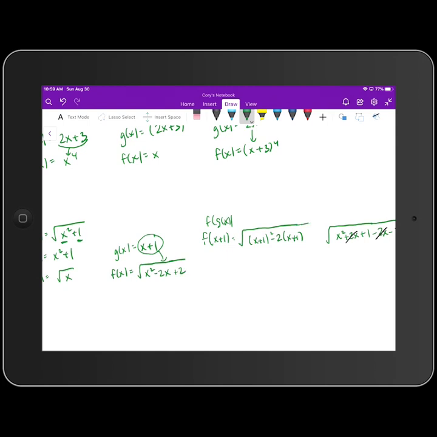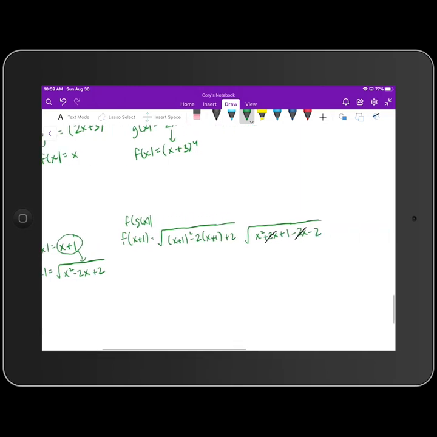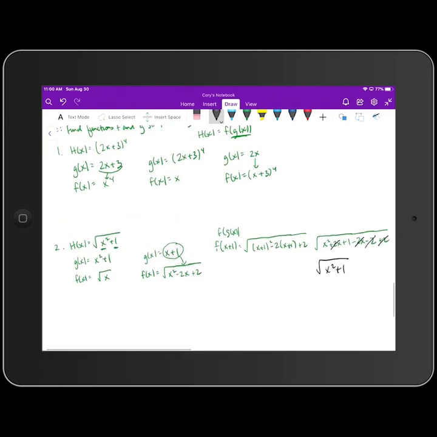So when I add 2 to the function f, that's going to add 2 here, and then that's going to make that negative 2 cancel with the positive 2, and that leaves me with the square root of x squared plus 1, which is what we want that composite function to be.